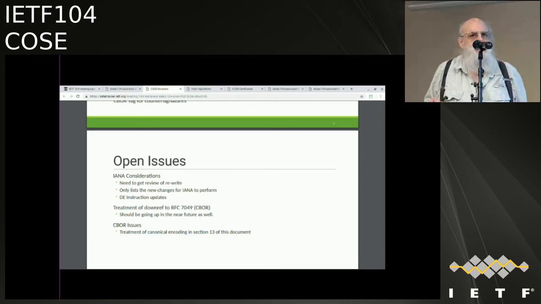One of the words, which I believe has completely disappeared at this point, is the word canonicalization. But the rules that we use can refer to either of the two recommended serialization things in the document. So I think we can update this without a problem. It's just a question of race conditions.